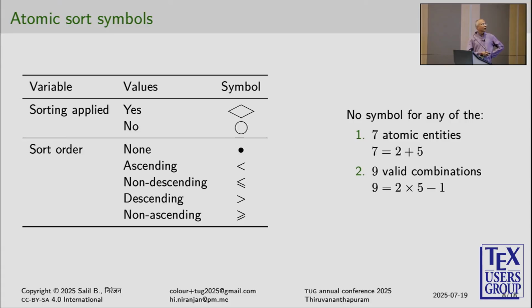Basically, when you sort either in the ascending order or descending order, that involves comparing two elements A and B as A less than B or A greater than B. So all sorting is about less than or greater than. Therefore, the two signs. And this is a circle, which means sorting was not applied at all.